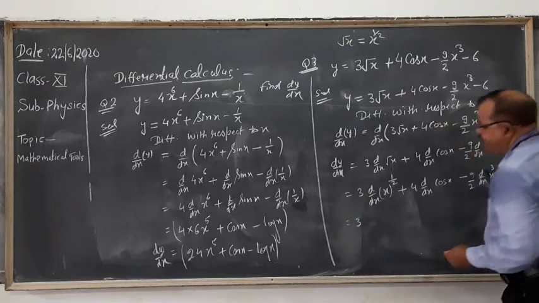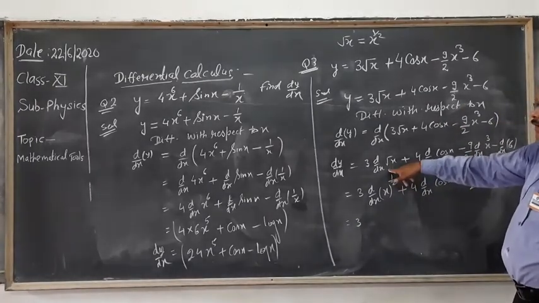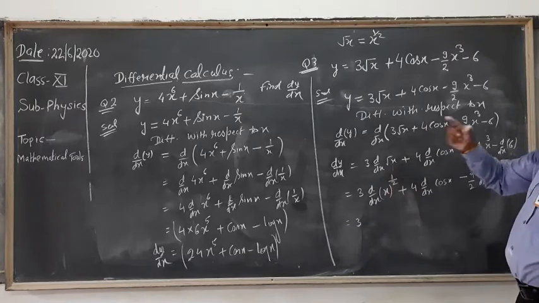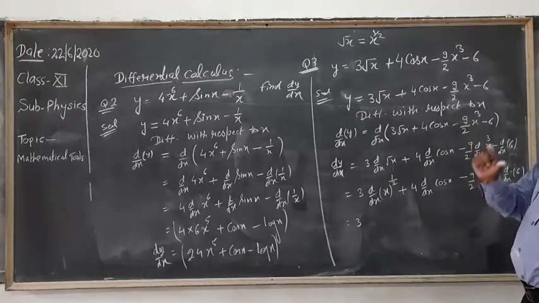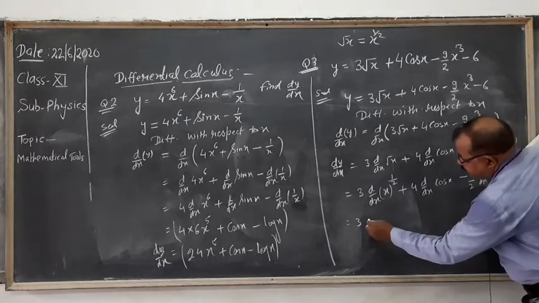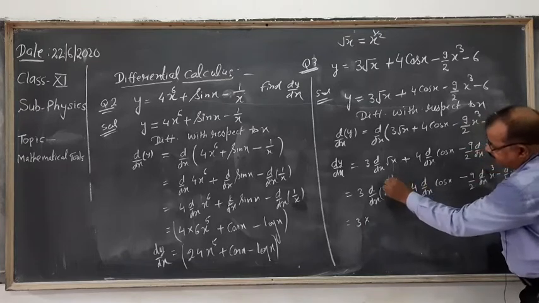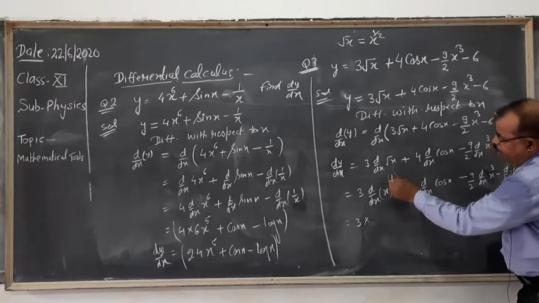Can you tell me which formula you can use here? x to the power n, and d upon dx of x to the power n is n x to the power n minus 1. So using the first formula, x to the power n, what is n? n is 1 by 2.